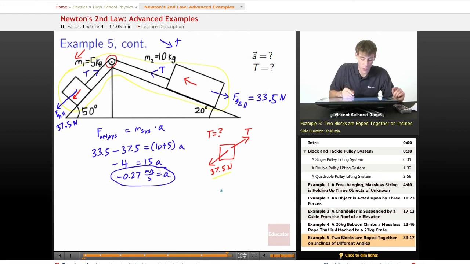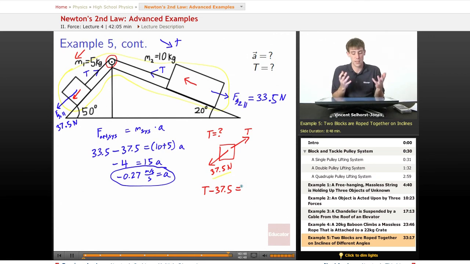So this is the negative direction, so tension's pulling in the positive direction, minus 37.5. That's the sum of our forces on the little block, which is equal to the mass of the little block, because we're just looking at the little block now. If we looked at the system, we wouldn't be able to see the rope anymore, because it's what makes it a system, so we have to look at it piecemeal. So the tension minus 37.5 is equal to the mass of the little block, which is 5, times the acceleration of the little block.